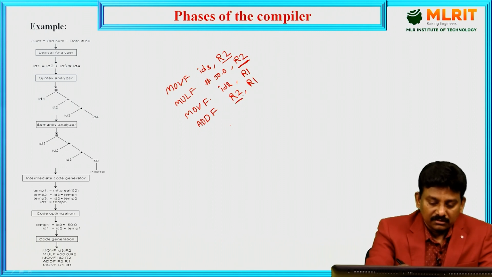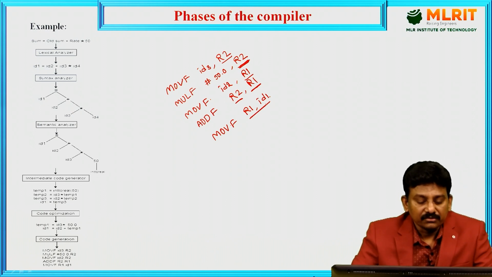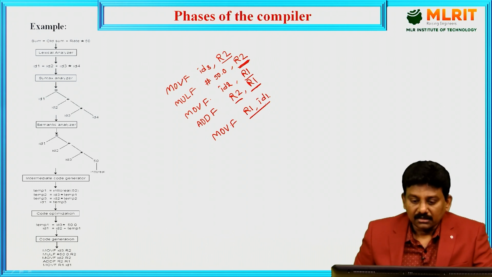R2 will contain rate into 50, R1 contains old sum, both are added and the result will be stored in R1. Then finally move R1 comma identifier 1. The result of old sum plus rate into 50 is stored in identifier 1. Identifier 1 is sum. Like that the phases of the compiler will work.